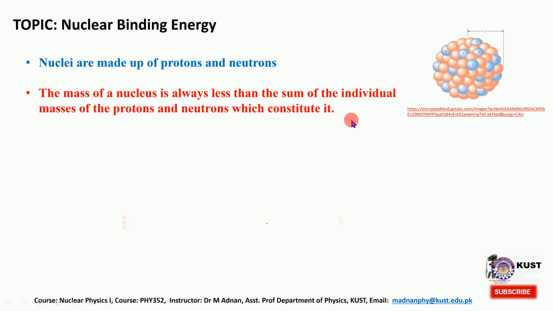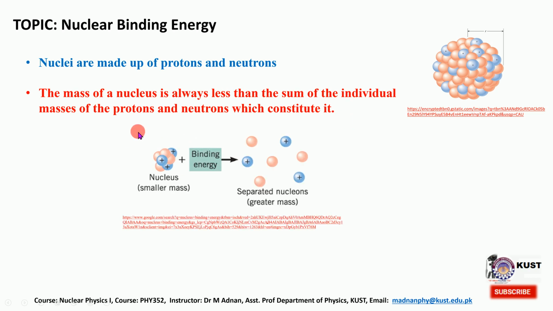To understand that, we need to use this cartoon here. Now, by this statement, if you want to explain with this figure, in this nucleus we are having 3 protons and 4 neutrons.